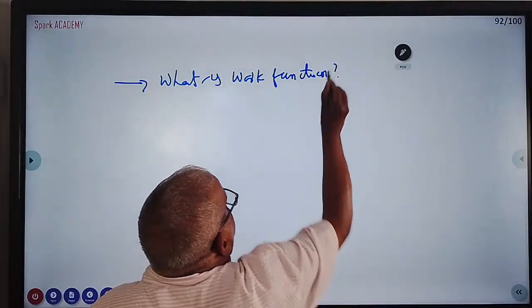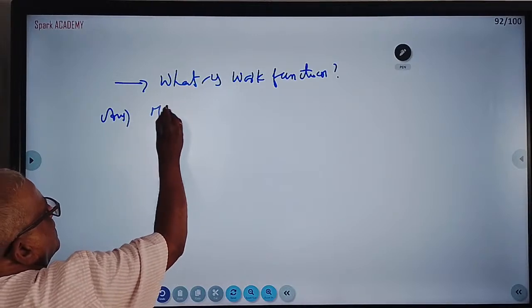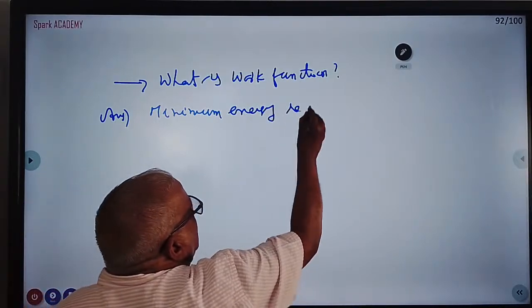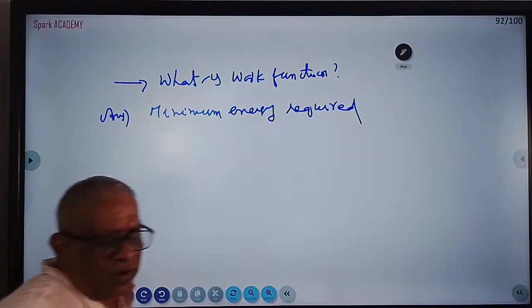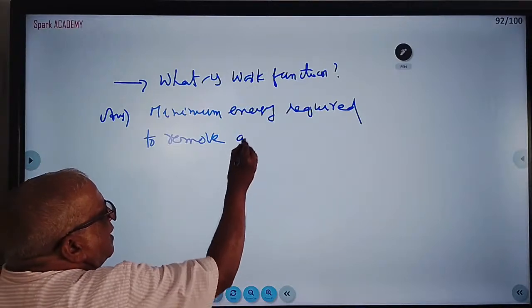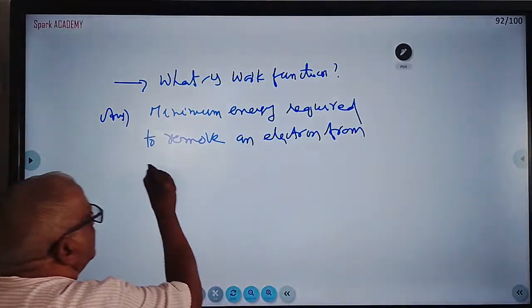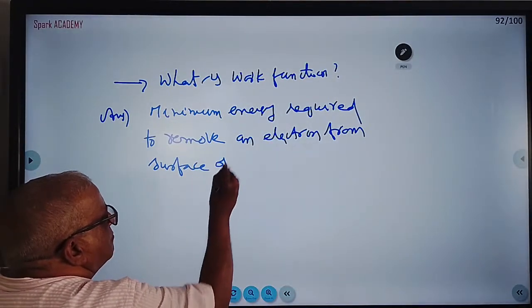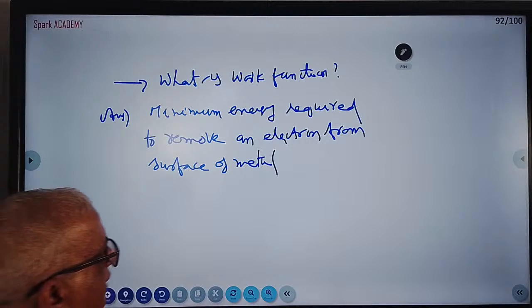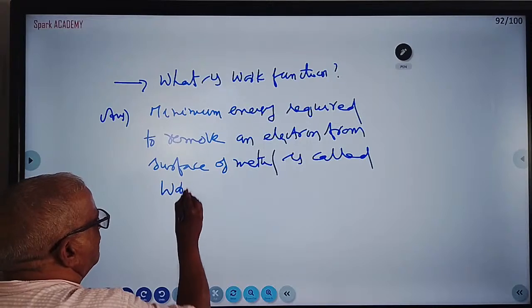Answer: minimum energy required to remove an electron from the surface of metal is called work function.